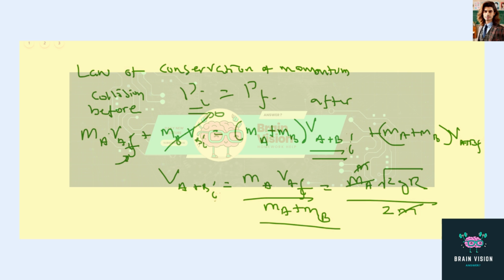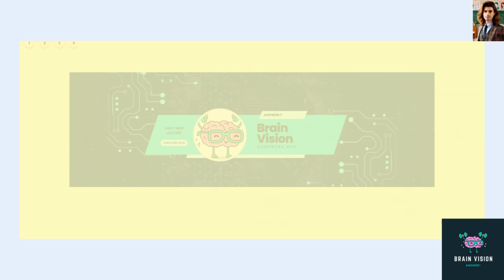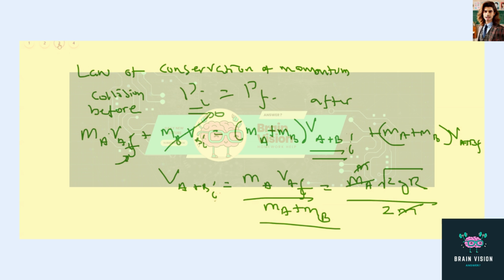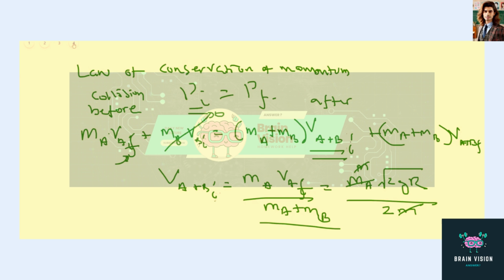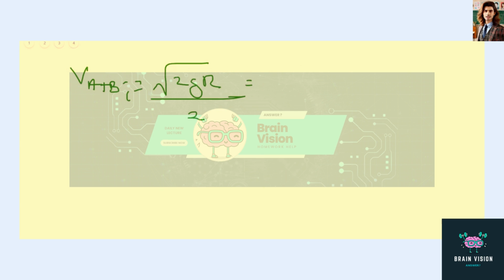And so we're left with, in the next page, VA plus B initial equals, going back, radical 2gr all over 2, which is the same as 4 radical gr all over 2, which becomes 2.